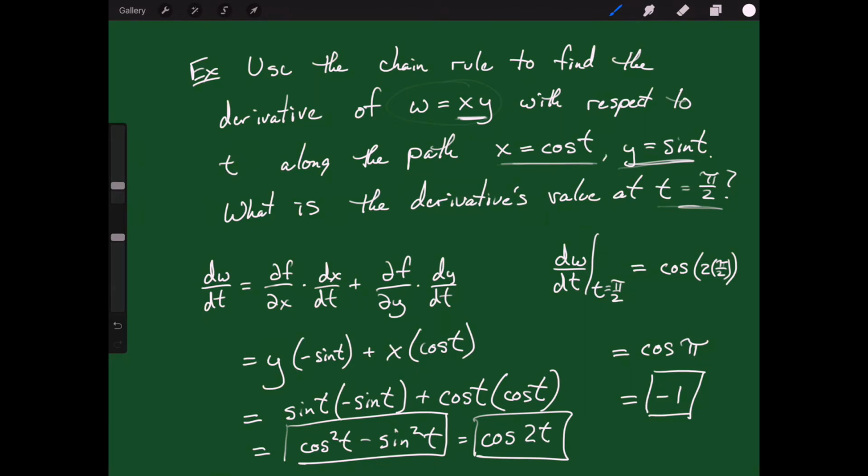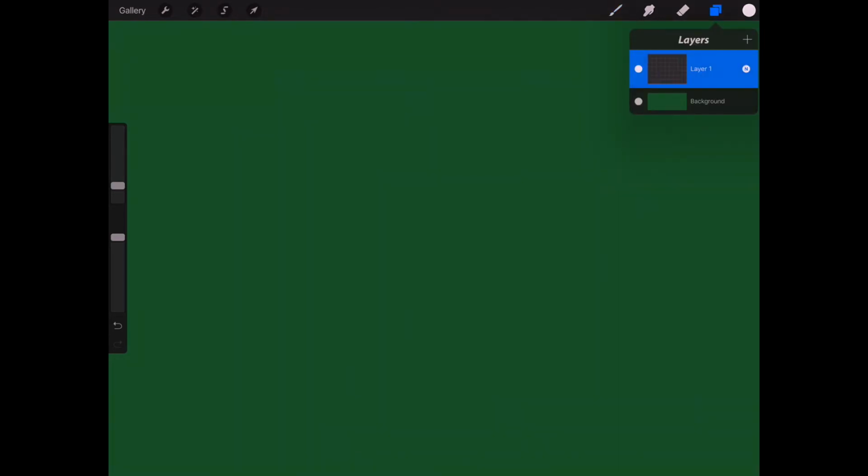Okay, this can be done just as easily in 3 dimensions, with 3 variables, as it was with 2 variables.